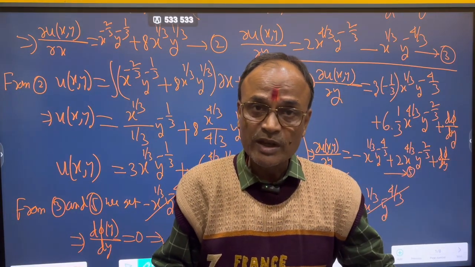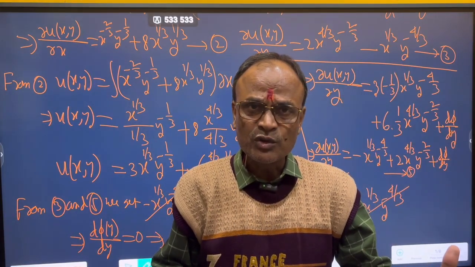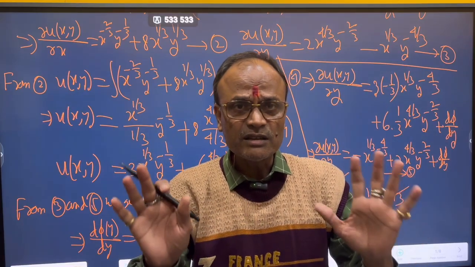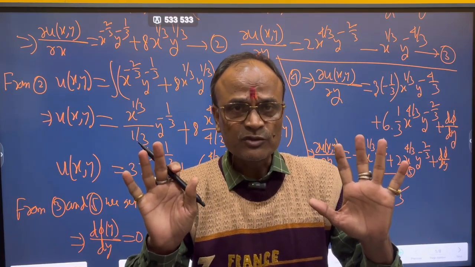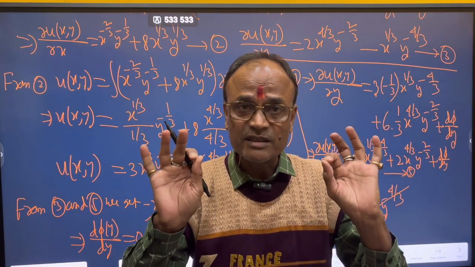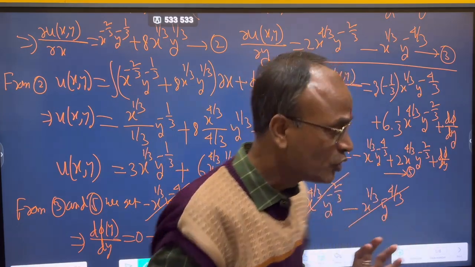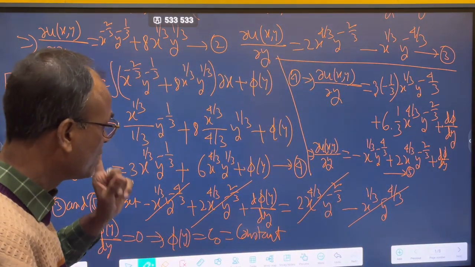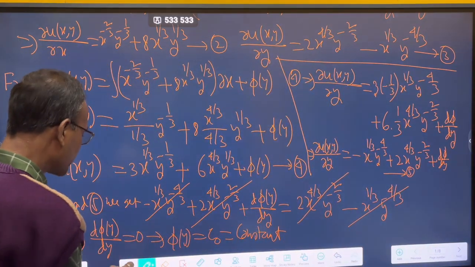M dx plus N dy equal to 0 means du equal to 0, which means u, a function of x and y, is constant. The solution of the differential equation is u(x,y) equal to constant.